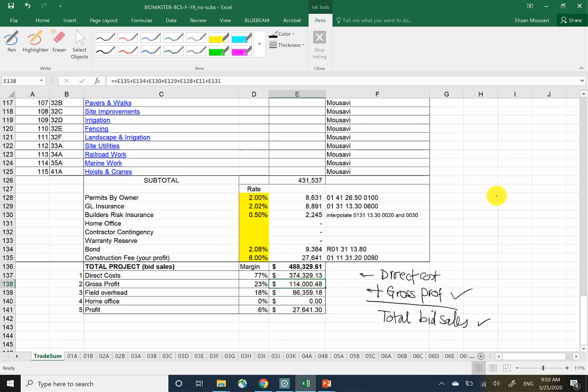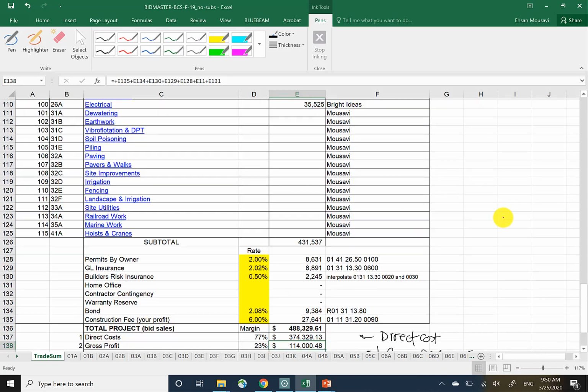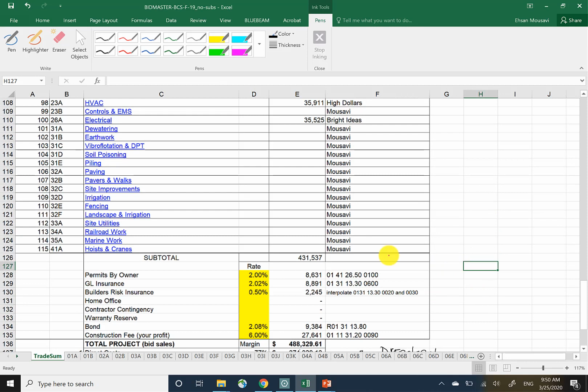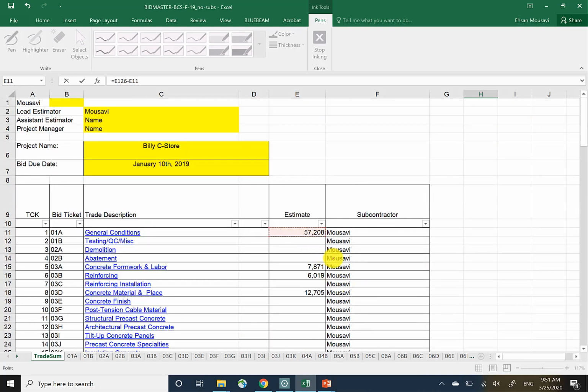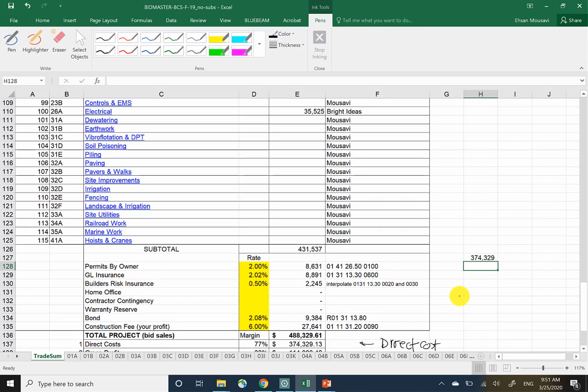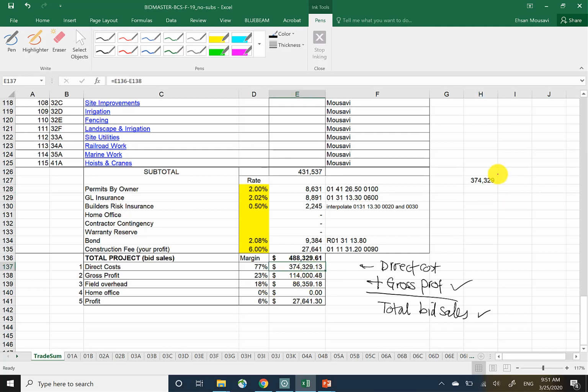I could also have said that my total direct is going to be this subtotal minus the first sheet right here, and I expect to get the same number as that one, which actually, thank God, happens to be the case, right? Same fashion of thinking, really your call.